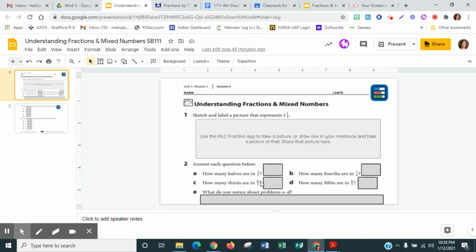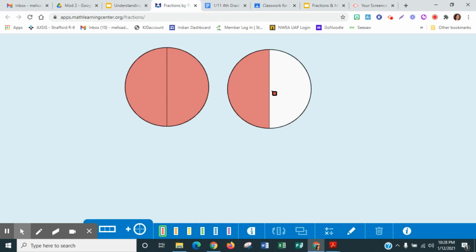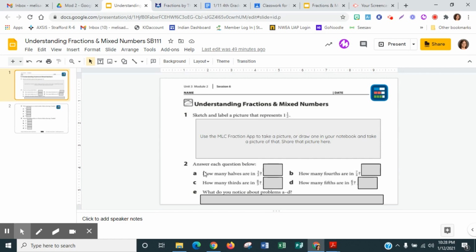And it is asking you how many halves are there in 3 halves. Well, okay. These are all very similar questions. Then you're going to answer, well, what did you notice about these?